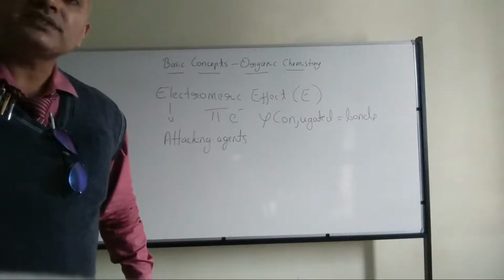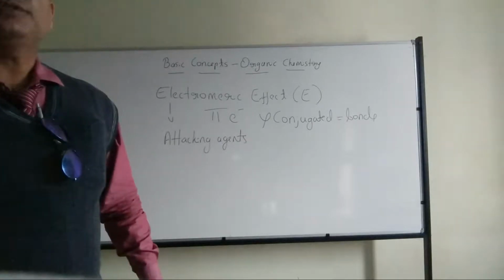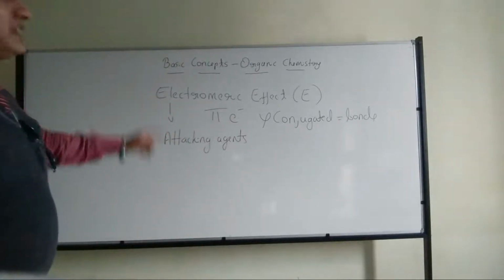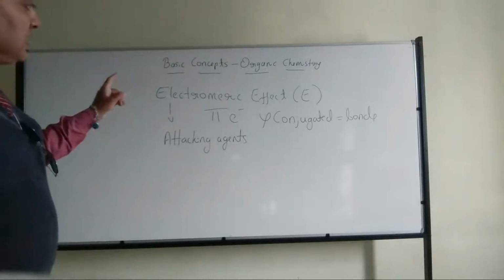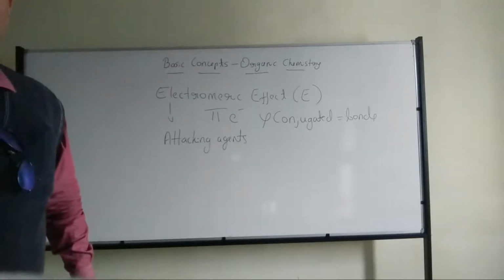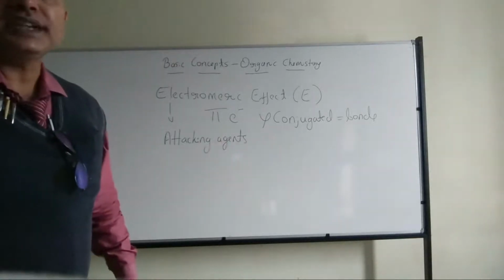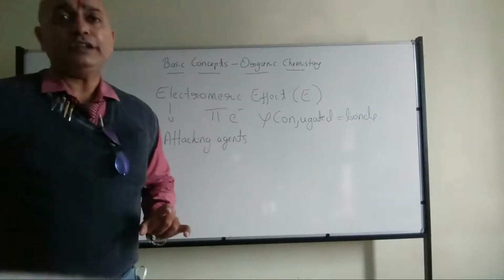So that can be present in the absence of an attacking agent also. But when I'm talking about the electromeric effect, it will be shown whenever there is a presence of an attacking agent. The movement of electrons will take place whenever an attacking reagent approaches the molecule.